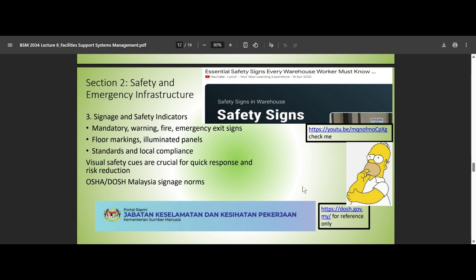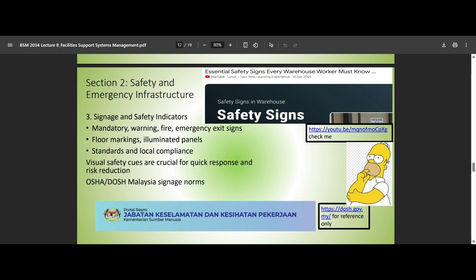Now, you may want to look at the YouTube on your own time, both these things, safety signs, and Jabatan Keselamatan dan Kesihatan Pekerjaan for your reference. Now, let me explain what is OSHA and DOSH.